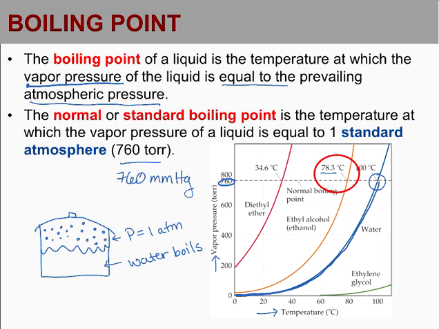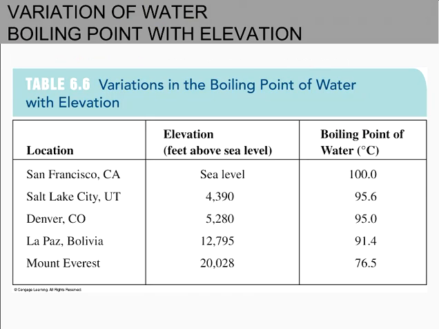All right, now all of that being said, the boiling point of water can change based on elevation. For instance, if you've ever been to Denver, which is the mile-high city, or gone to one of the nearby mountains and tried to boil water at a higher elevation, you probably noticed that the boiling point of water is a lot less than at sea level.